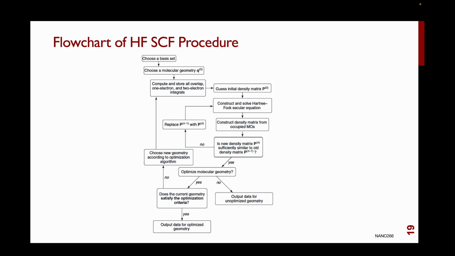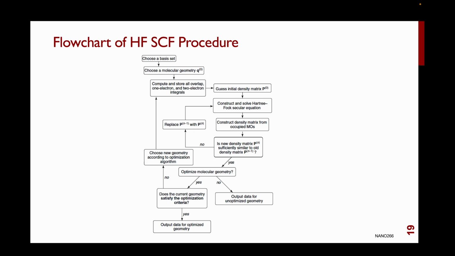You then go through this internal loop, which is what is called the electronic self-consistent loop. You compute all your overlap, 1 electron and 2 electron integrals. You create your initial charge density matrix.